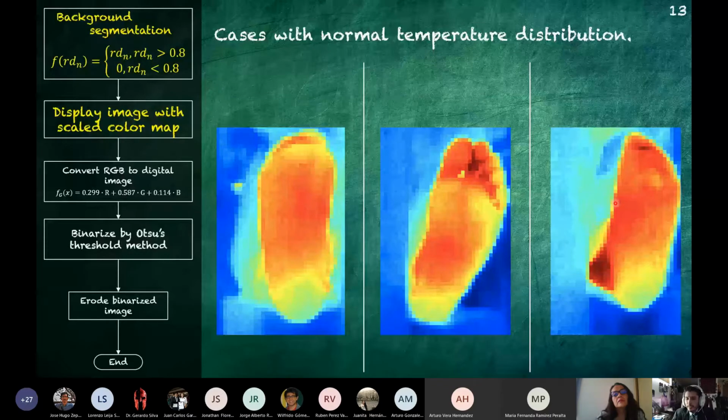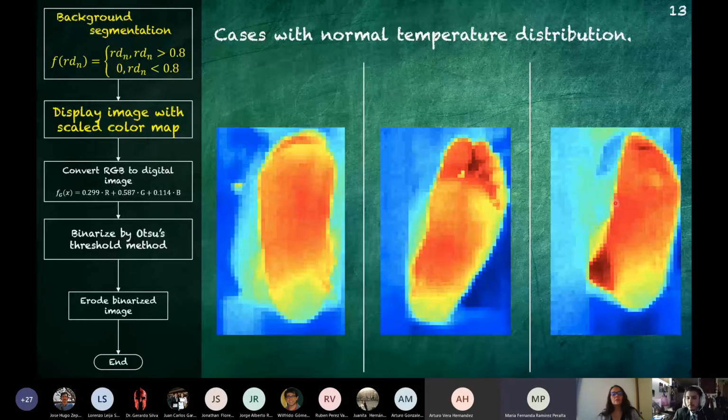Here we can see in the third case, the right one, that it supports your question. The sensor was not placed exactly in front of the sole of the foot, so we can see that part of the lower limb was captured and had higher temperature. So yes, it did affect this study. It is fundamental to try to keep it as parallel as possible.